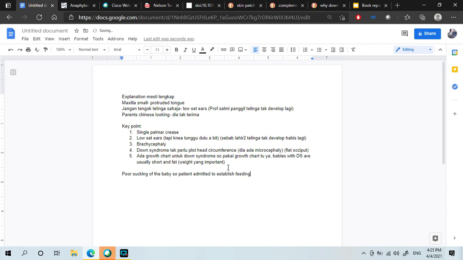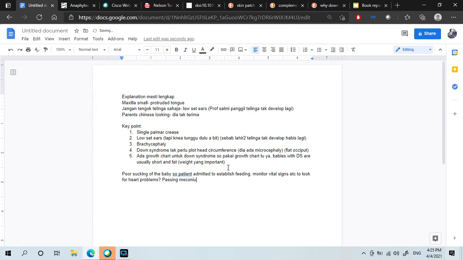So while waiting, masa you nak establish feeding tu, you akan monitor lah dia punya vital sign, isn't it? So you look whether is there any tachycardic ke, what pulse pressure ke, to suggest that patient might be having heart problem. Okay, yang kedua, you also monitor, kan semua baby kita monitor bila kita feeding, kita tengok BO dia. Kita panggil passing meconium.